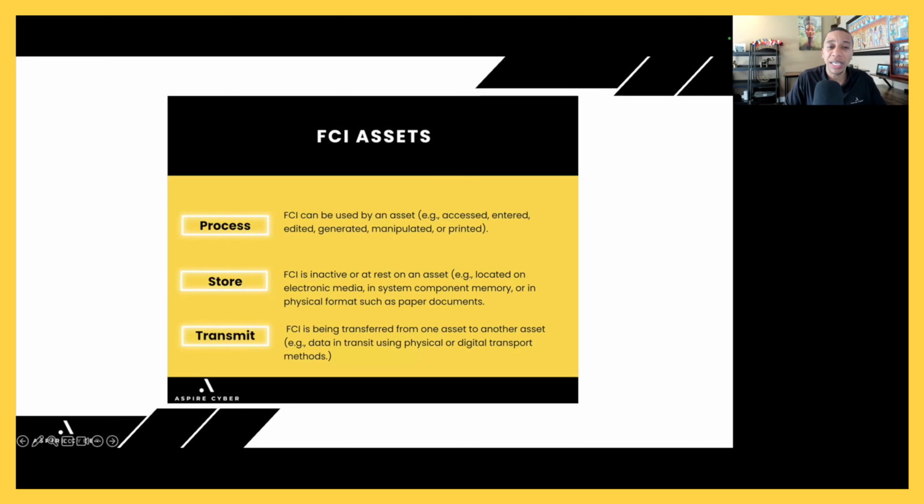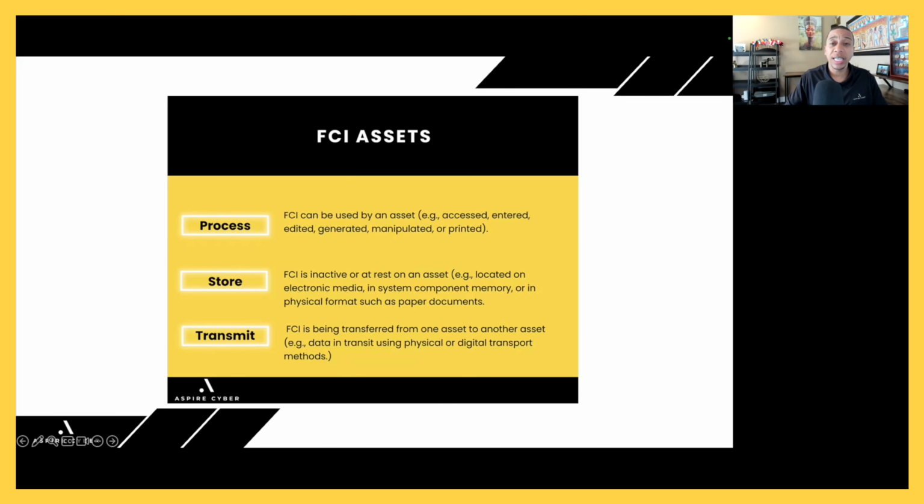So that laptop is processing the FCI, and then let's say you're using Microsoft Outlook, then Microsoft is storing that FCI. That FCI is being stored on Microsoft servers, their data centers, they're storing and also transmitting that FCI.